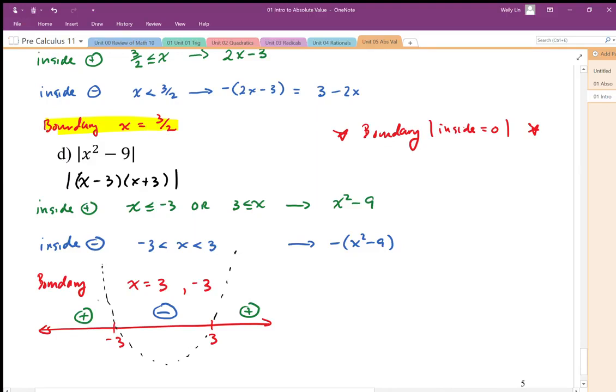The inside is positive where it's above the x-axis, here and here, and the inside is negative where it's below the x-axis, between negative 3 and 3. So that's another way we can think of it. If we want to see math, we want to understand what the graphs are doing. And the graph does help us establish where that x squared minus 9 is positive, above, or negative, below.